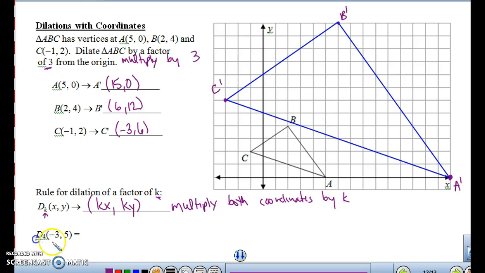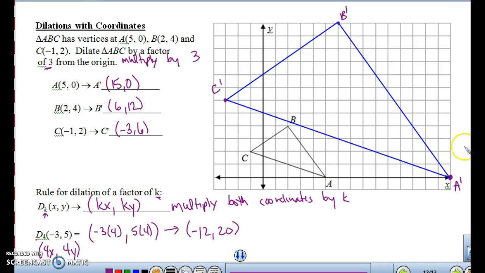So if you see D of 4 of (-3, 5), this is saying to take 4 and multiply it by x and multiply it by y. So -3, 5 would be -3 times 4 and then 5 times 4. So that will give you the point -12, 20.